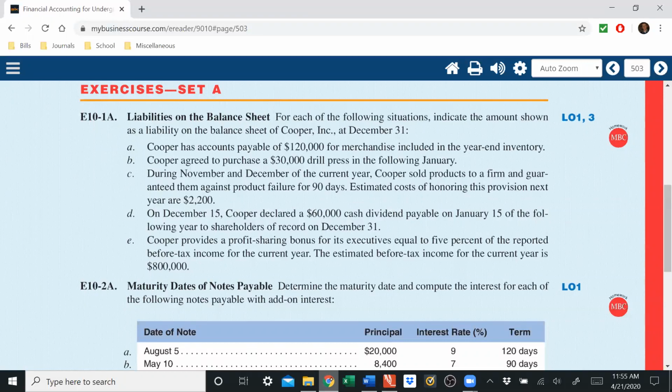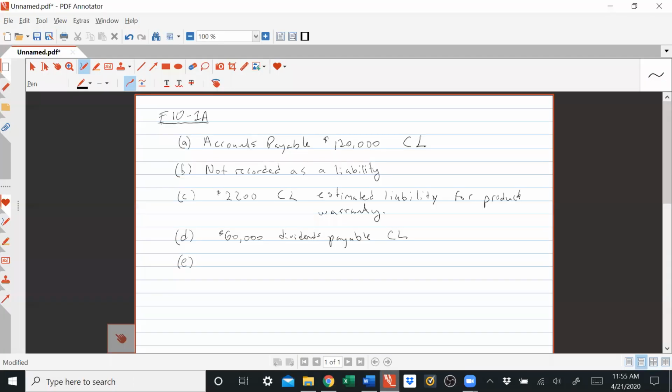It's called bonus payable, right? They owe a bonus that's 5% of $800,000. So 0.05 times 800,000 is a $40,000 current liability called bonus payable.